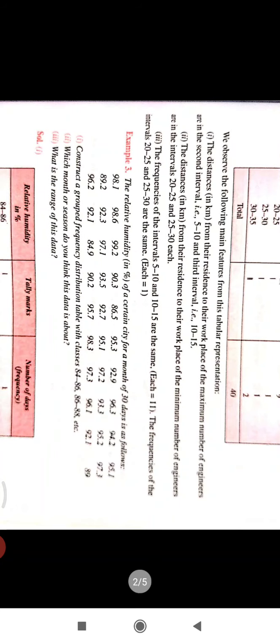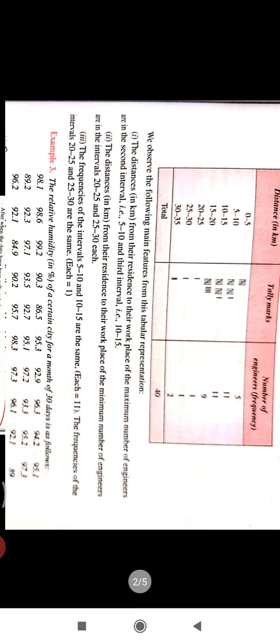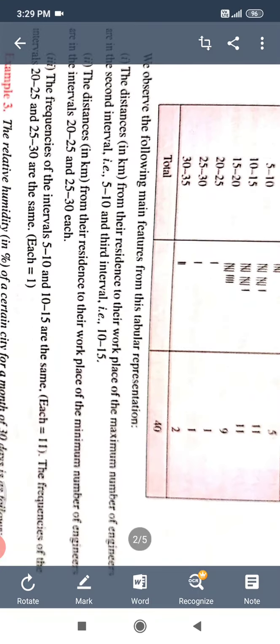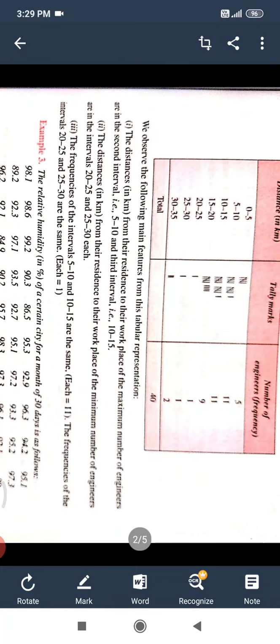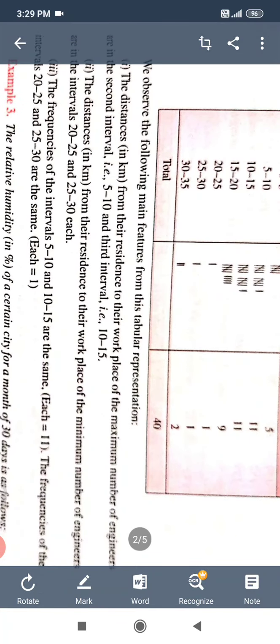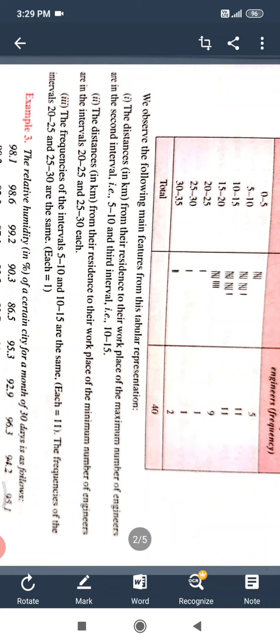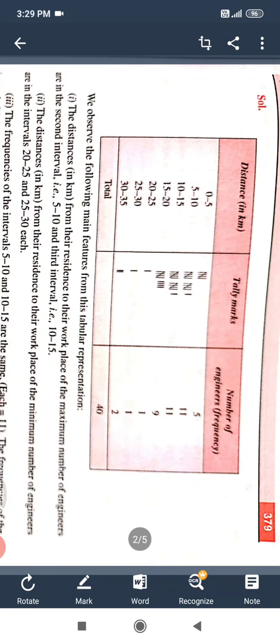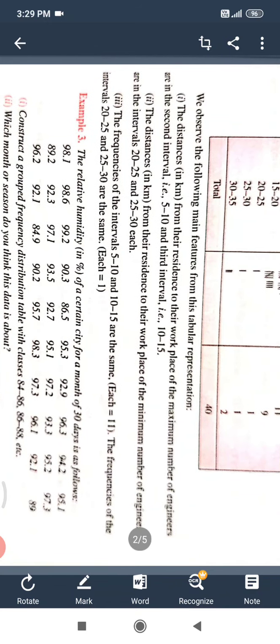So how to solve this sum? See, you have given different numbers.